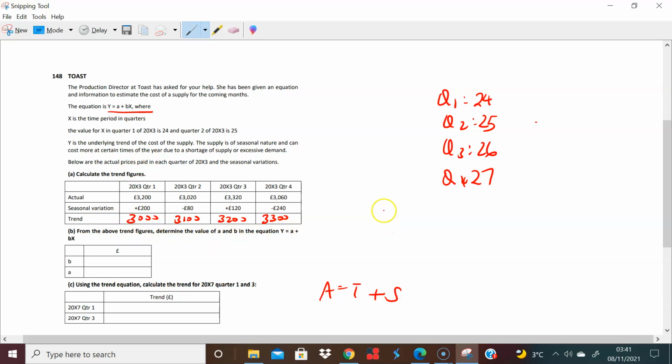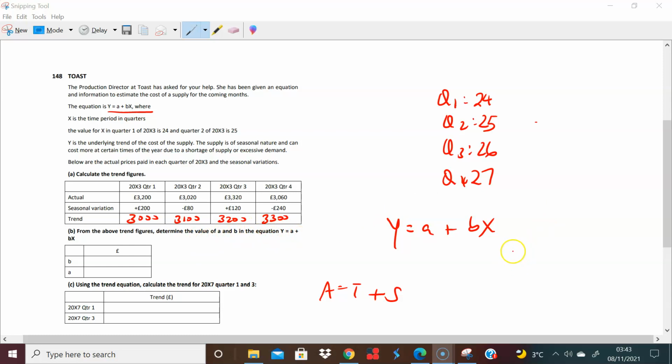So let's just look at the situation here: I have an equation that tells me that y is equal to A plus bx. And one way to look at this would be to go for a simple high-low method, if you like.